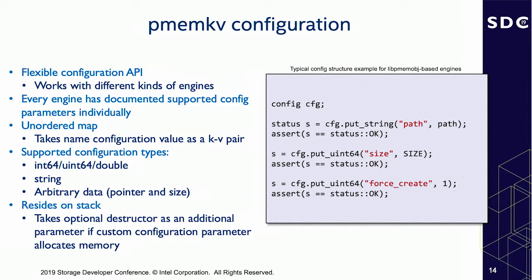Like if the engine takes a path and a size, which most of them do, this is where you set those config options before using the engine. Each engine has basically a man page that tells you what its configuration options are, and nothing there will surprise you. But the configuration options are based on the type, like strings or uint64, and all this configuration data is not persistent, right? It's something that happens on the stack.